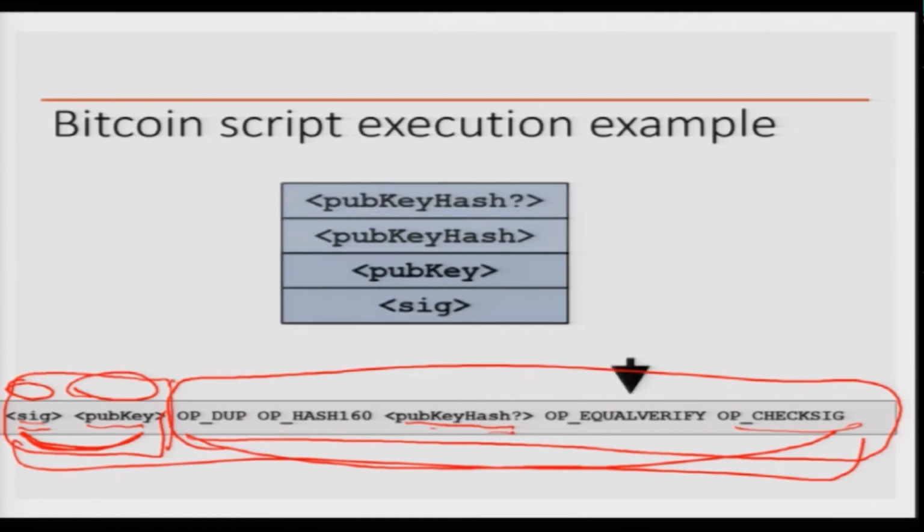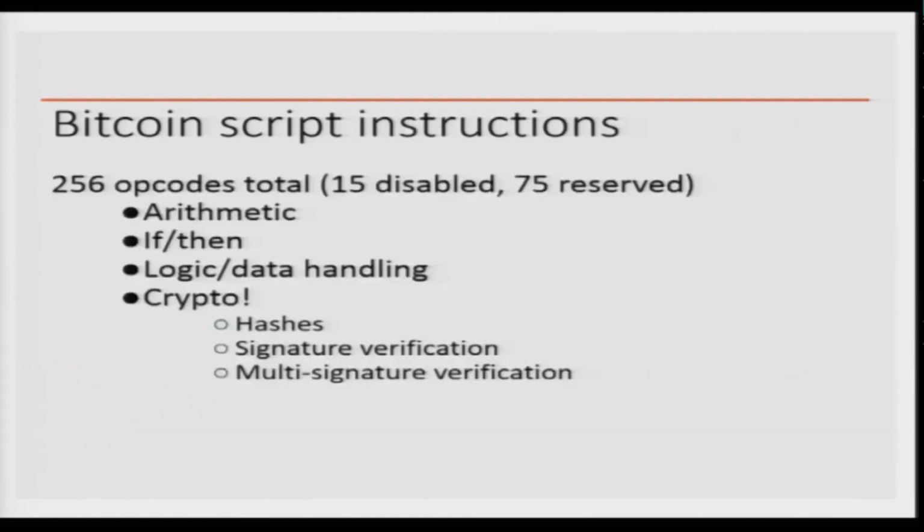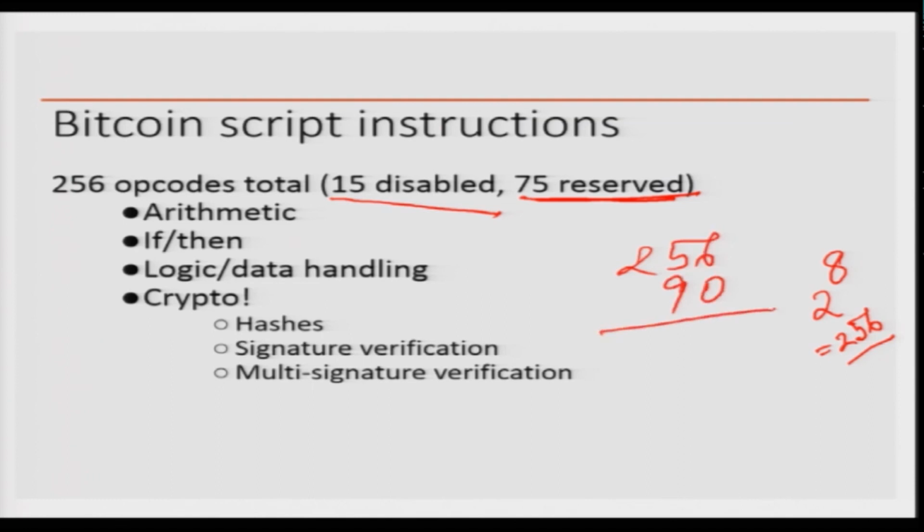It is completely stack based. Bitcoin script instructions are 8 bits long, so there are 2 to the 8, that is 256, different possible opcodes. But right now 15 opcodes are disabled and 75 are reserved, but those opcodes have not been given any functionality yet. So, out of 256 you subtract 90, and you have 166 possible opcodes.